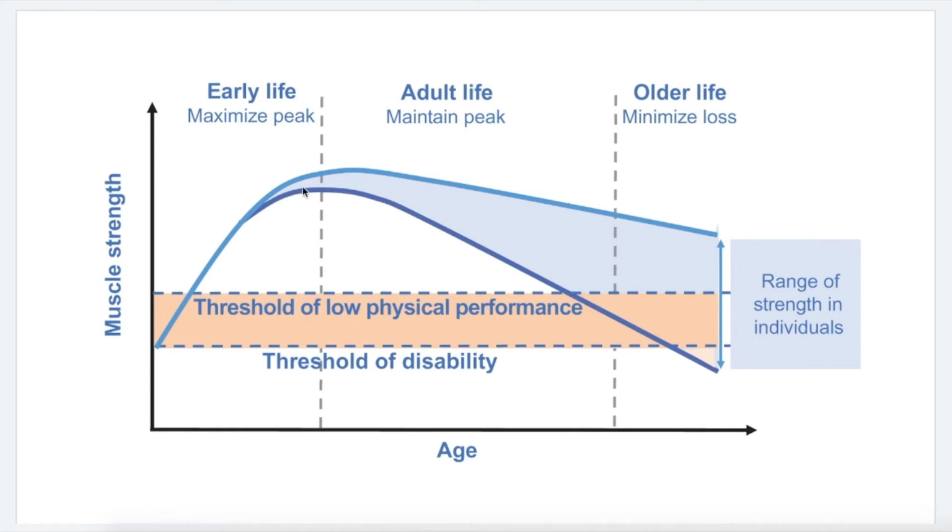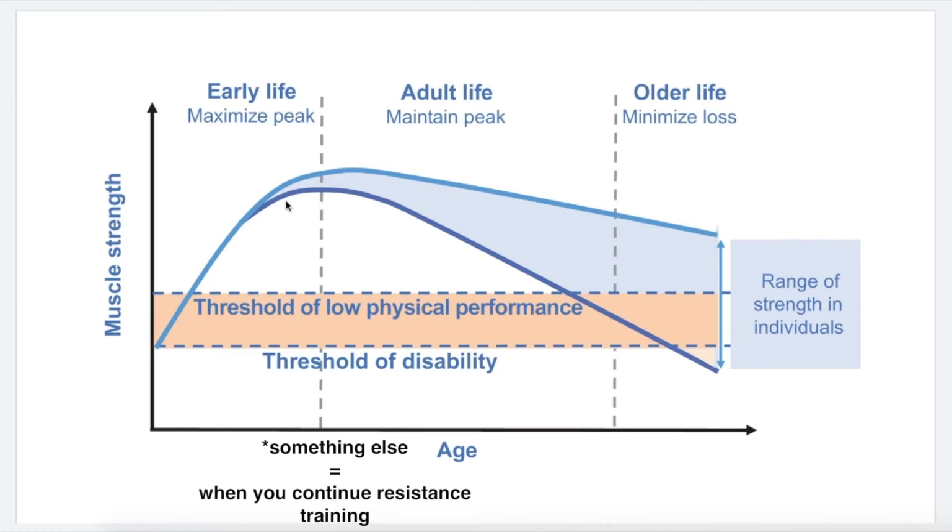Somewhere around 20ish, we will reach our peak. At the start of adult life, even if you don't do anything, we don't feel it as much. We still feel okay. And then when comes the 30s, 40s, this will start to drop. Sorry, this is something else.